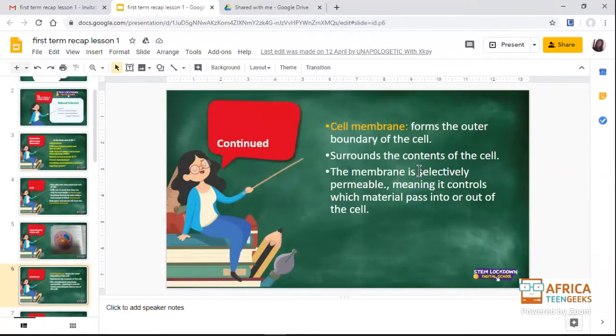So remember this, the cell membrane is selectively permeable, meaning that it controls which material or substance get into or out of the cell. So not all substances or materials can pass through this membrane into or out of the cell. So if you didn't have it in your notes, you can write it down. And we continue.